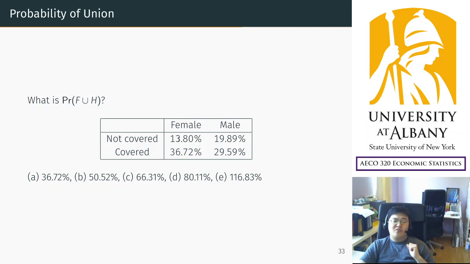So 13.8 and 36.72 and 29.59 are included in the union event, F cup H. So the probability of F cup H is the sum of these three numbers, 13.8, 36.72, 29.59. If you sum them, the answer is 80.11%. That's how you calculate the probability of a union, nothing special. I'm applying the general principle.